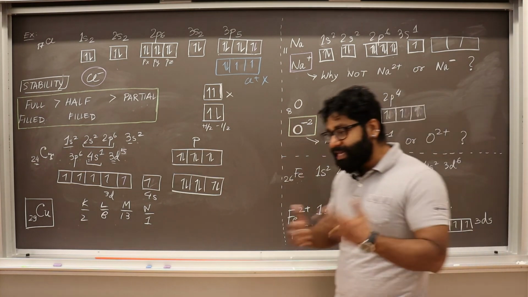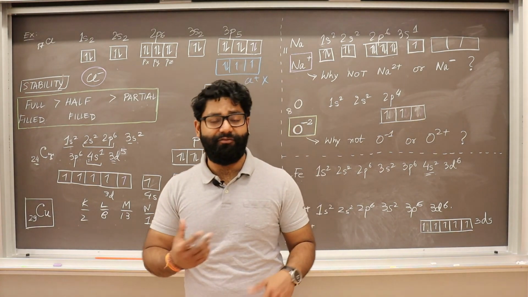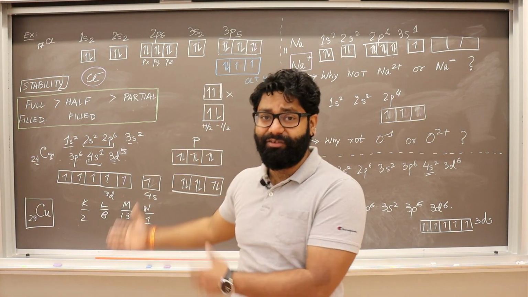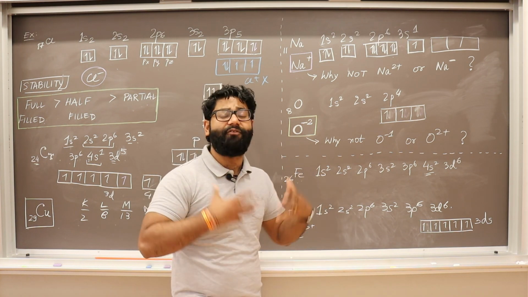So this is how we try and make use of the electronic configuration that we learned, the orbital configuration that we learned, to understand the different concepts of chemistry.